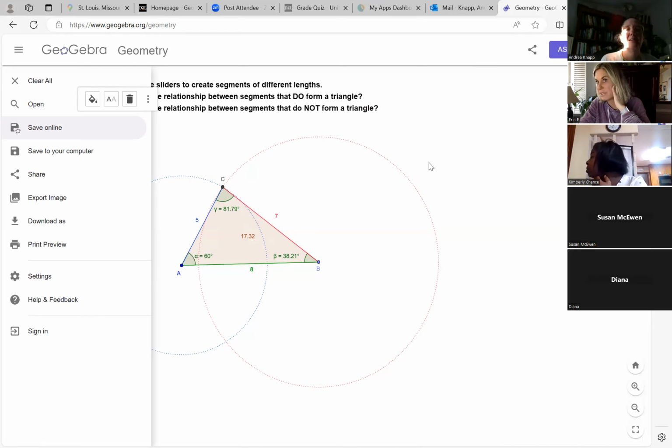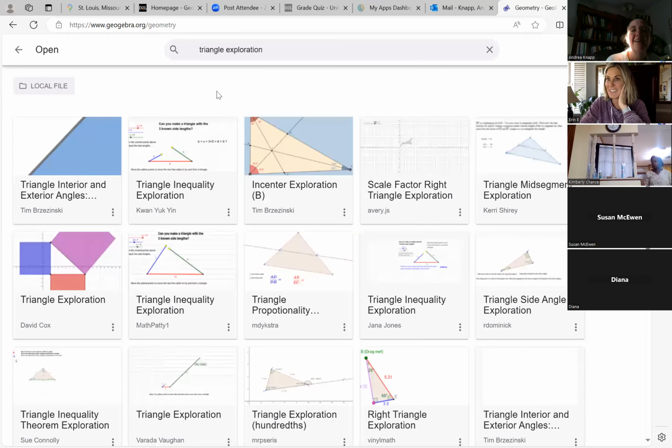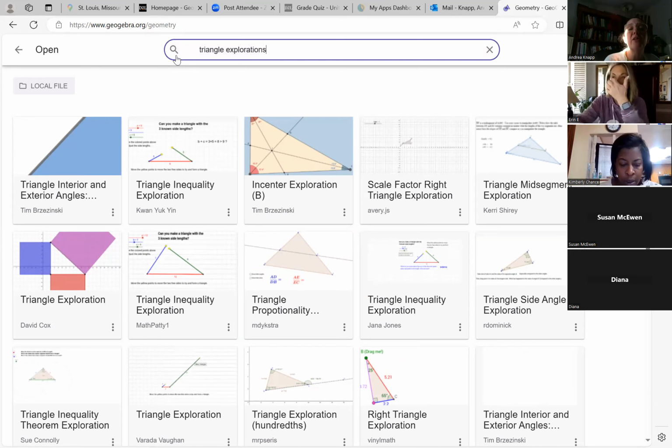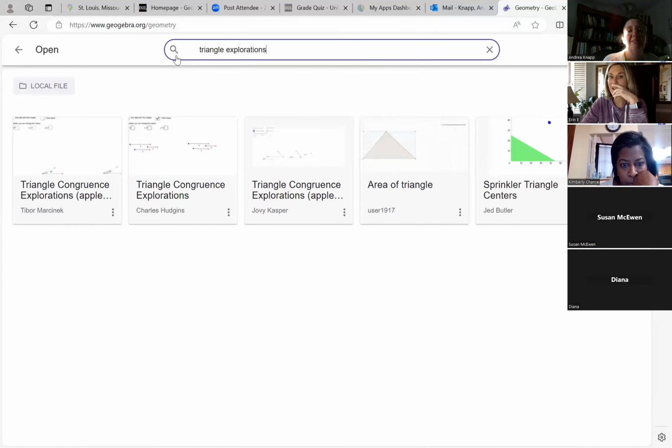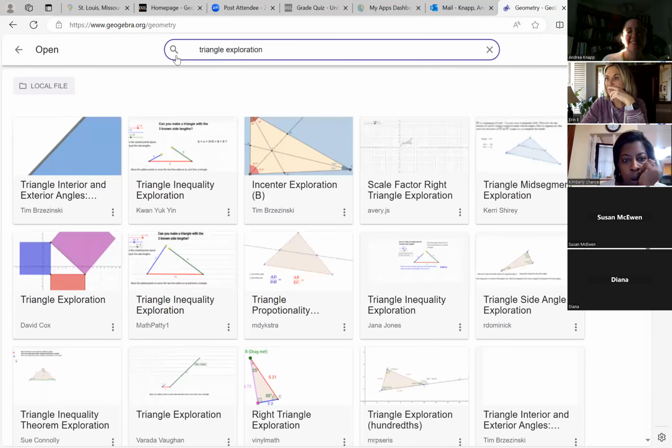Because I forgot to type the S the first time and I came out with 1,000. I was like, oh gosh, what am I supposed to do here? So then I added the S. Really? Let's see what happens when I put triangle exploration. Oh my gosh, you're so right. Oh, wow. Thank you. I wouldn't have figured that out, guys. See, I'm on the ball today. Tomorrow might be different. It's Pi Day, man.